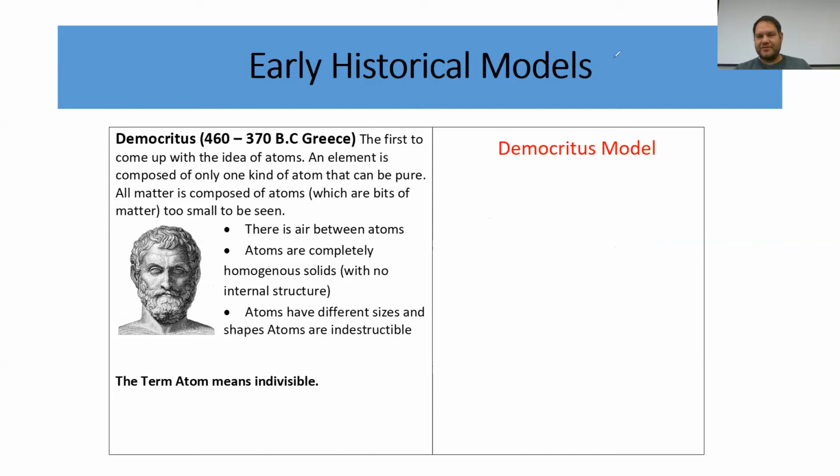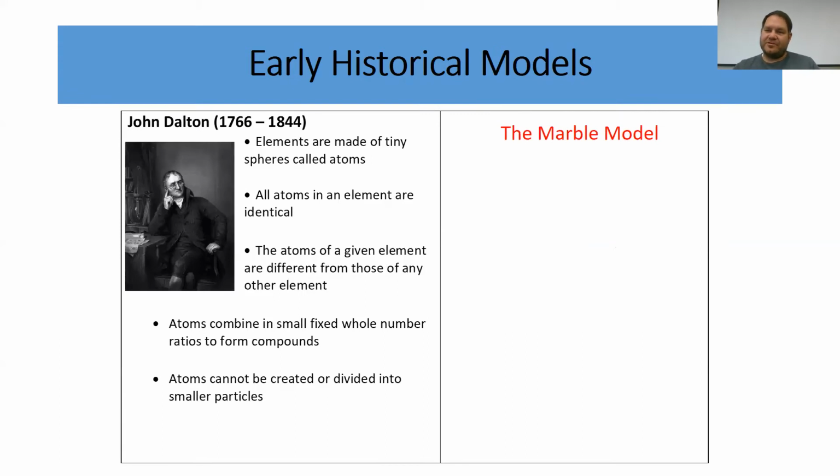So for essentially 2,000 years then, the world, not just the Greeks, but the world as a whole, took on the four element idea. And it really wasn't until the 18th and 19th century that as technology was getting better and better, and scientists were seeing matter or material in a different light, that they started questioning the four element idea. One of those was John Dalton.